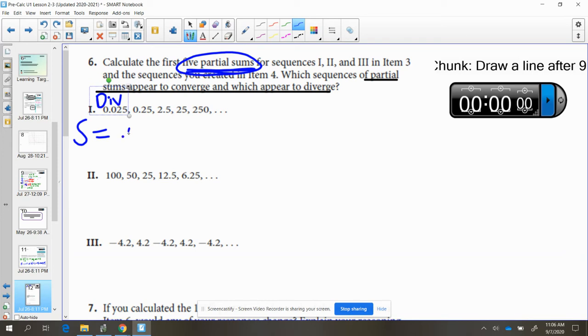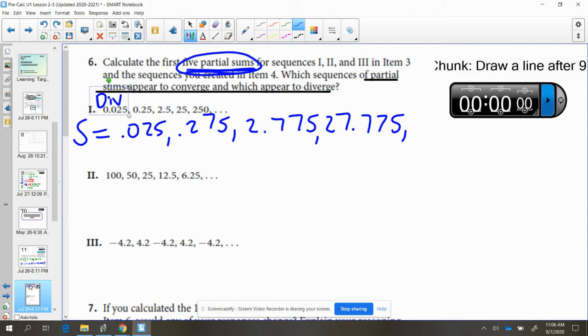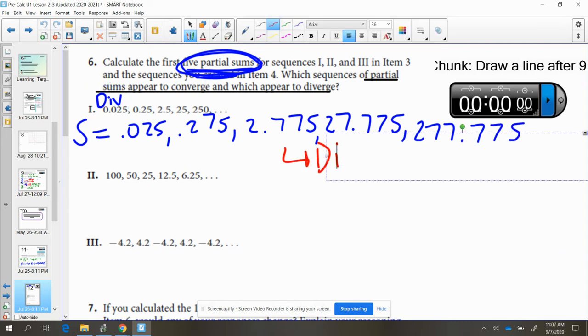If we add up the first term, the first 2 terms, the first 3 terms, what we're noticing is that these values also continue to get bigger as we find the sums of this sequence, and it's also continuing to diverge, right? This is also a sequence that's going to diverge.